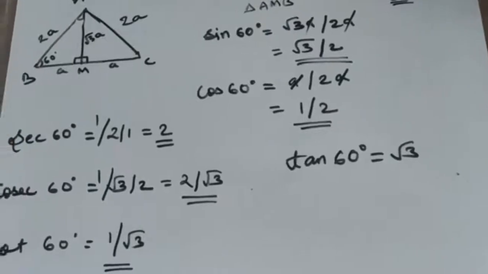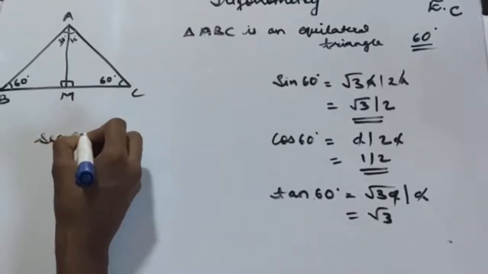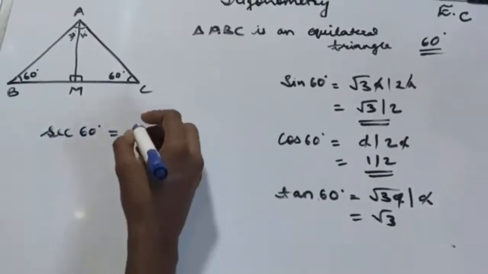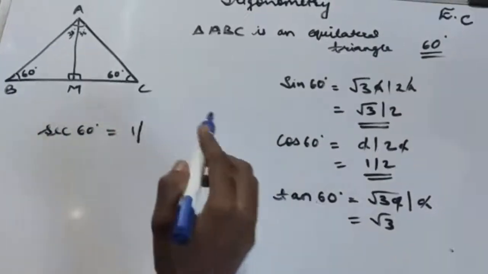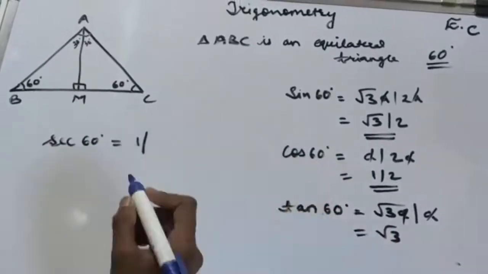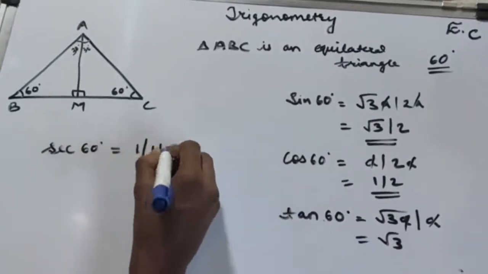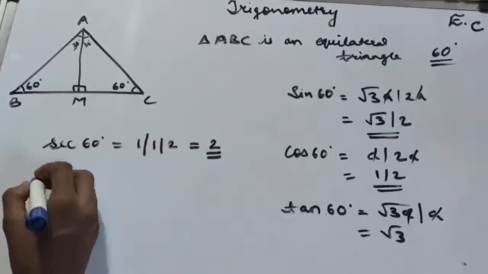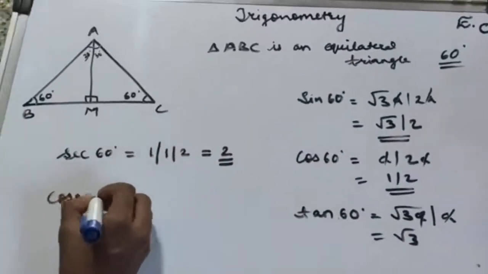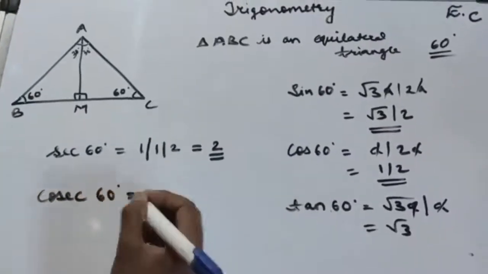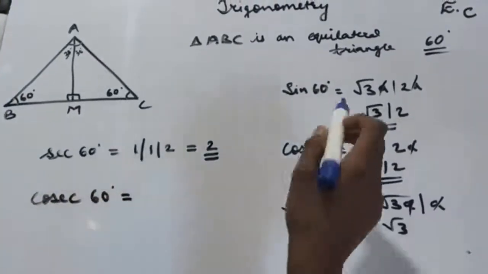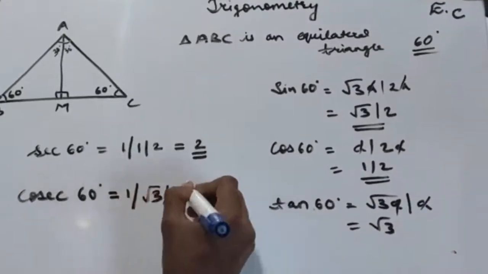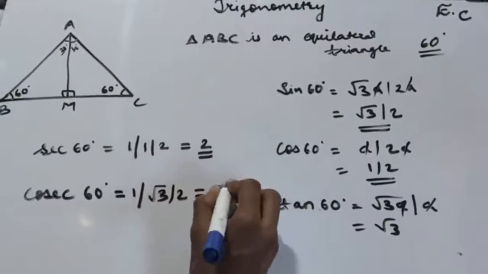Sec 60 degree is, as we know, the reciprocal of cos. Here the value of cos 60 degree is 1 by 2, so 1 upon 1 by 2 will be 2. Similarly, cosec 60 degree will be the reciprocal of sin 60 degree, so 1 upon root 3 by 2 is equal to 2 by root 3.